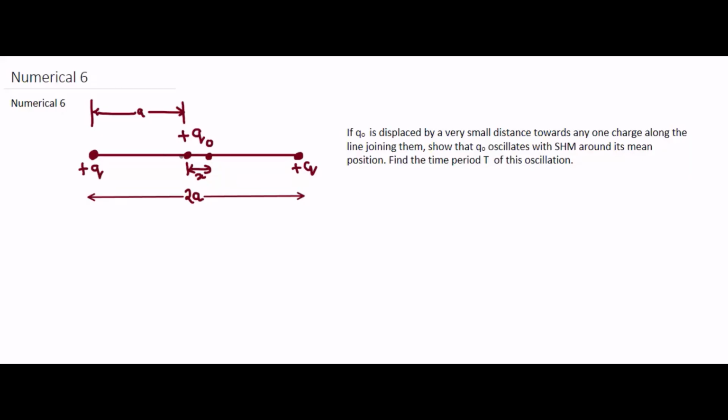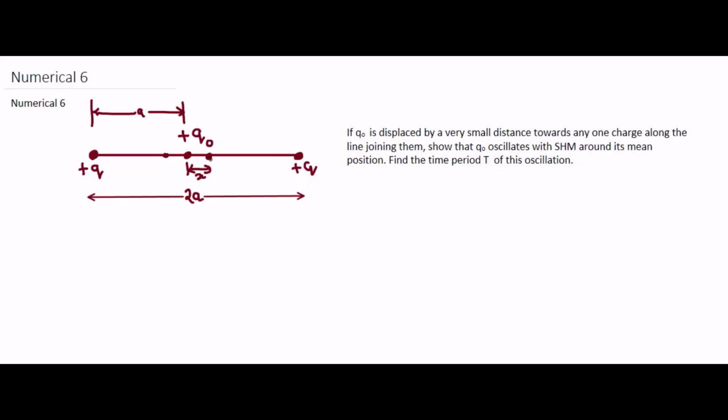It will go from here to the mean position, from the mean position over here, and then back into this position, and it will start oscillating like this. So we have to prove that it is simple harmonic motion and we have to find out the time period for this oscillation. First of all, let us understand why this happens. In this position it's in equilibrium. The moment we shift it over here, we bring it closer to this plus q charge, and therefore this force increases.